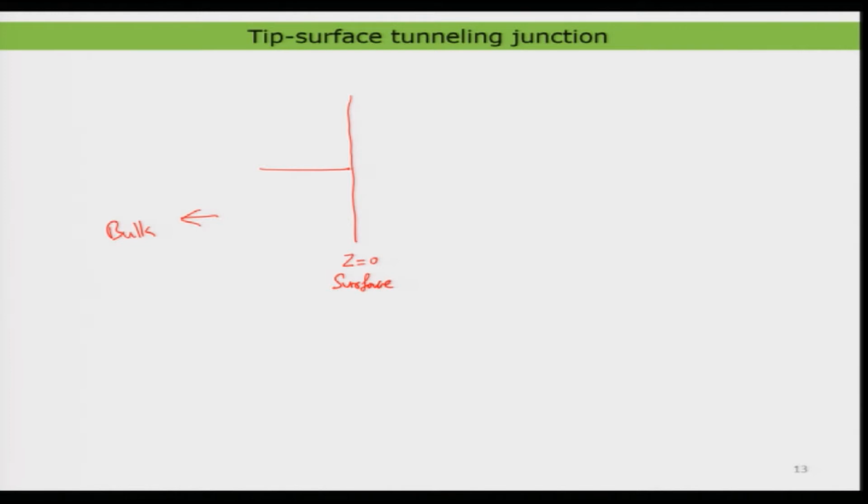Now, I have put a line here. This line is nothing but the Fermi level of the metal that I have taken, and here I have the valence band, which is a filled band, and here the conduction band, which is the unfilled band. I am right now taking a metal as the example.